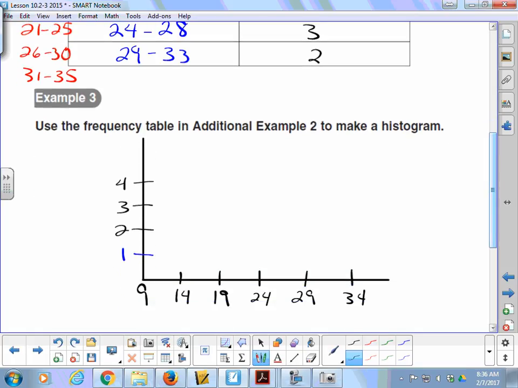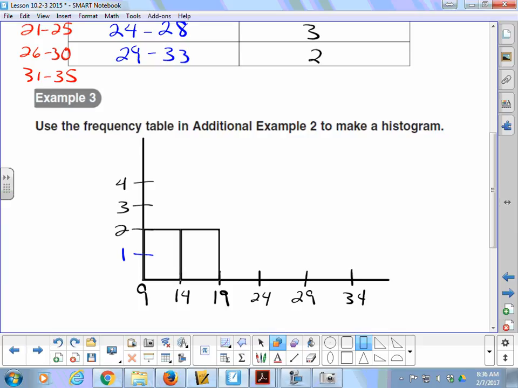So we're just going to make rectangles. All right, so we make a rectangle that's 2 units high to represent the ones from 9 to 13. Then we'll do another one from 14 to 19 because there's 2 of those. All right, and the thing is there should be no gaps here.